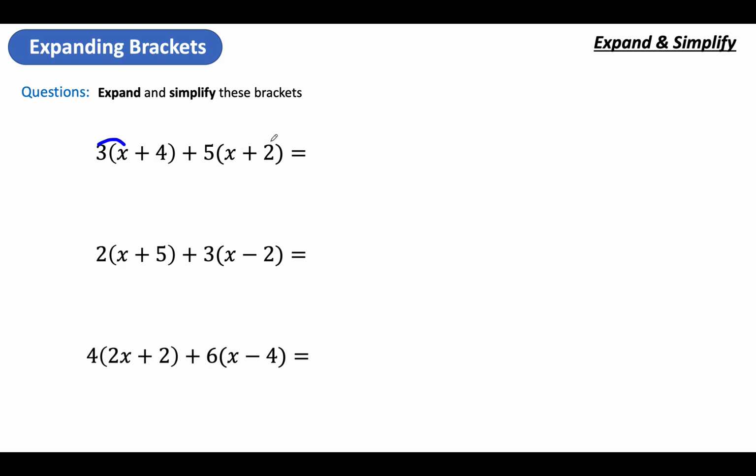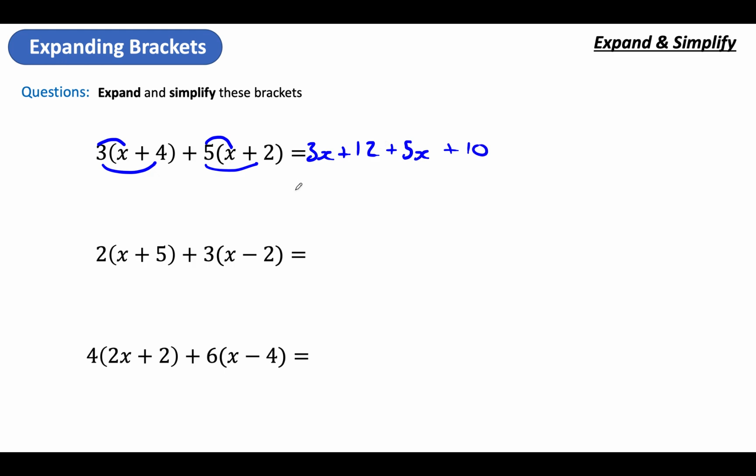Right, 3 times x is 3x, and 3 times the 4 is 12, and all of that is all positive. Okay. Then I've got 5 times x, and this is positive 5, so it's just ordinary 5 times x, so ordinary 5x there. And then 5 times the 2, remember we're not adding, this is all multiplied because it's 5 touching the bracket, is 10.